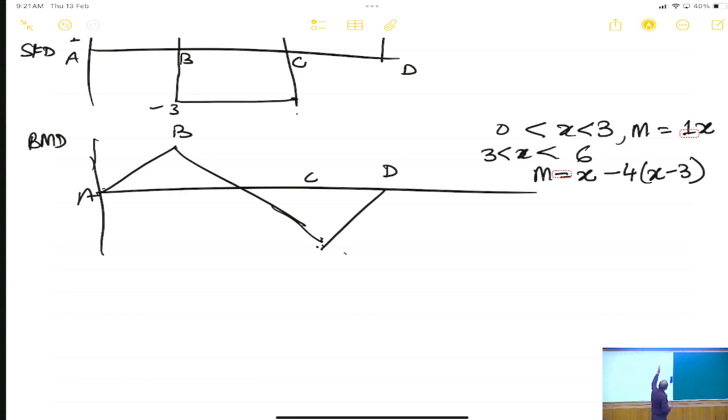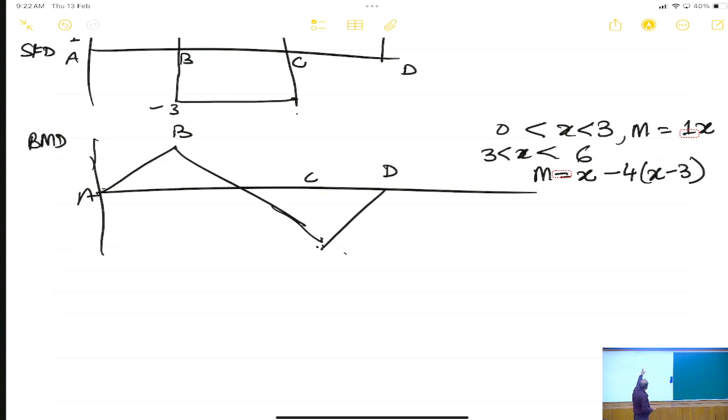Now, once I reach B, there is a force of minus 4. So, on all sections to its right, it will be minus 4 times the distance, and the distance is now x minus 3, what we called as zeta. So, it will be x which came from earlier, minus 4 times x minus 3.